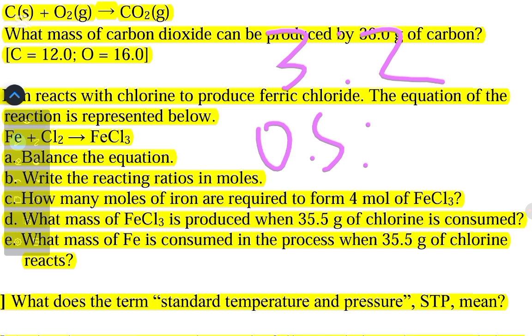So how many moles will be produced over here? Cross multiply: 0.5 times 2 divided by 3 will get 0.3333. Now to find the mass of FeCl3, we have to multiply the moles by the molar mass. So over there we have FeCl3, Fe.